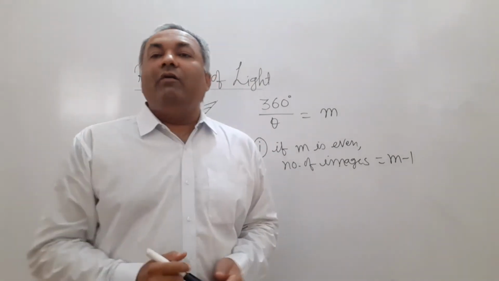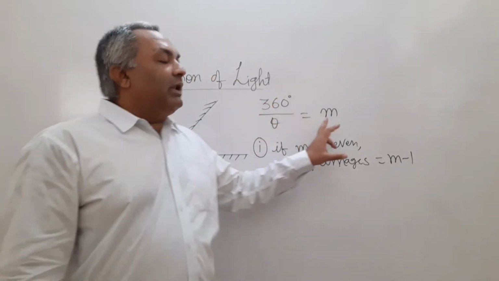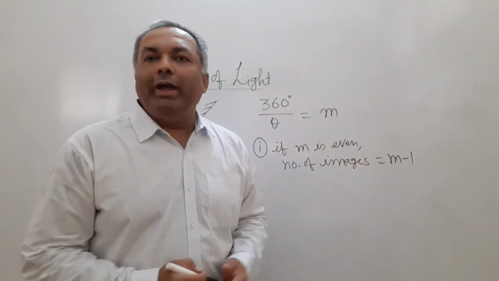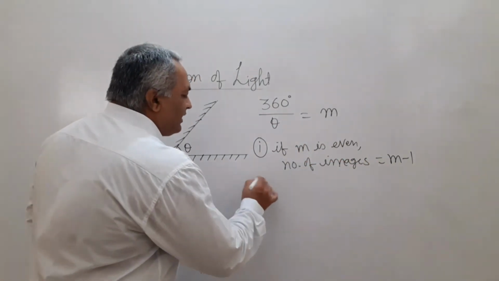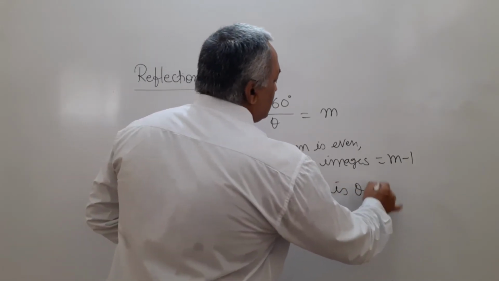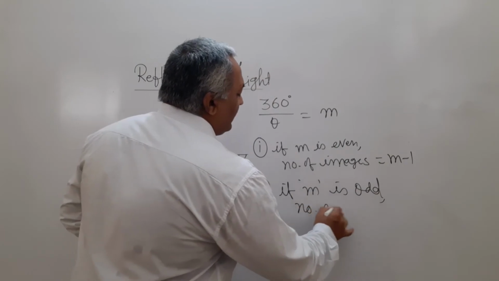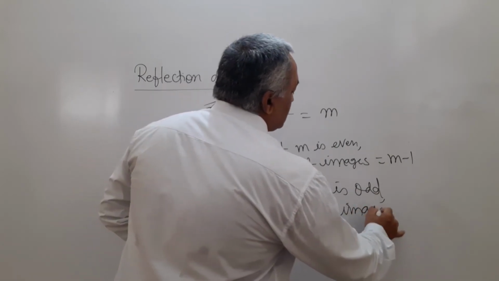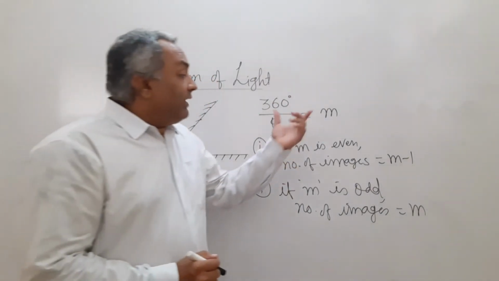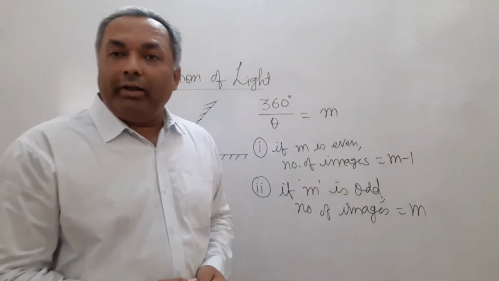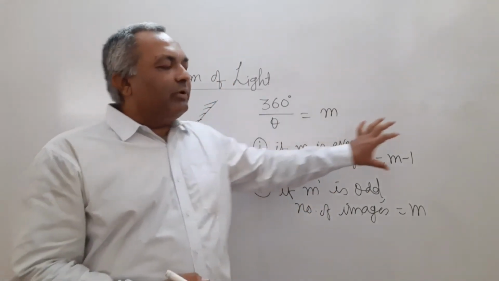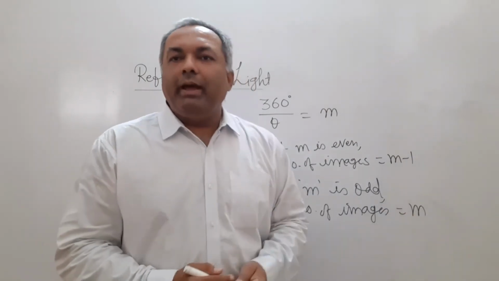If the value of m in this formula comes out to be even, the number of images seen will be equal to m minus 1, whereas if m is odd, then the number of images will be equal to m itself. So whether m is even or odd, based on that we can find out whether the number of images would be m minus 1 or it would be m.